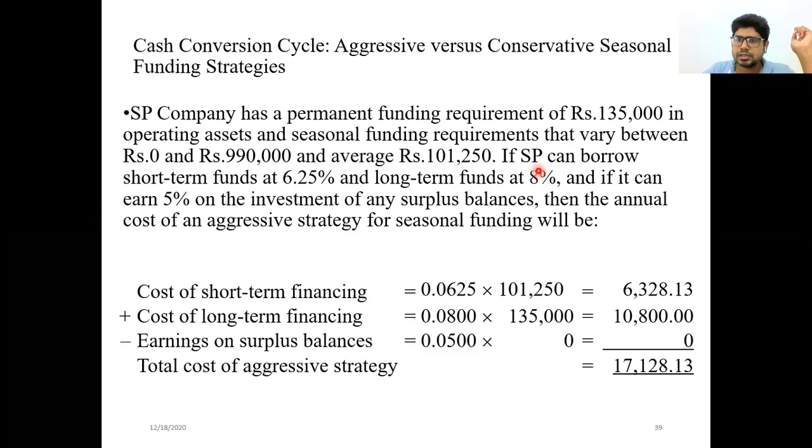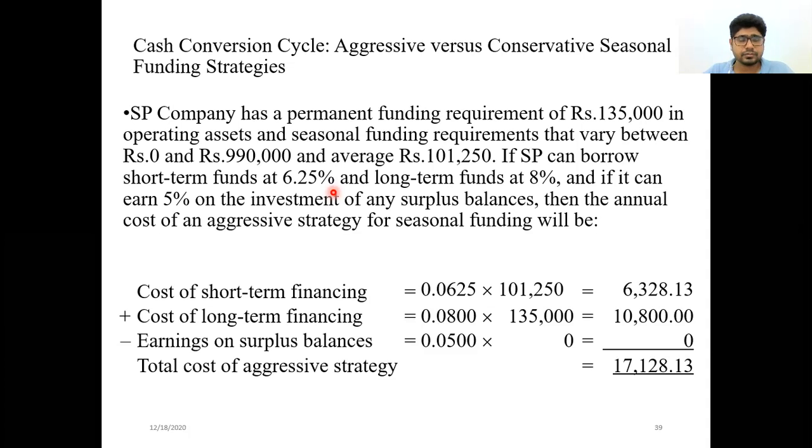If SP can borrow short-term funds at 6.25%, if they go for a short-term bank loan, it will charge 6.25%, and for the long term, if they go for long-term debt capital, it will cost 8%, and if it can earn 5% on investment of any surplus balance.